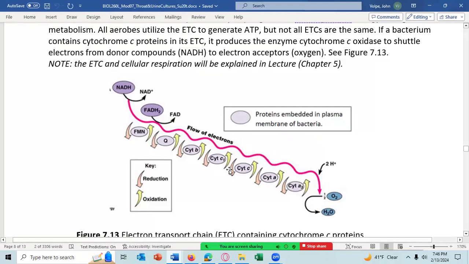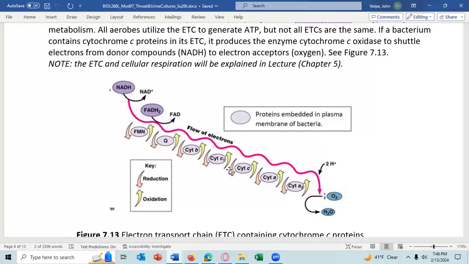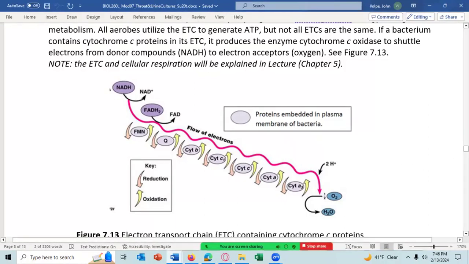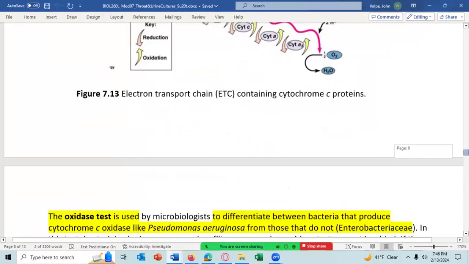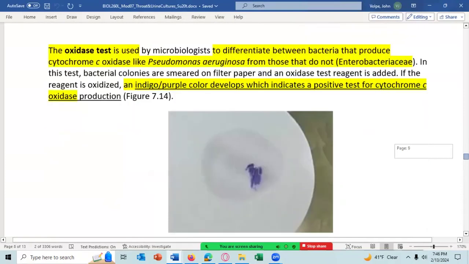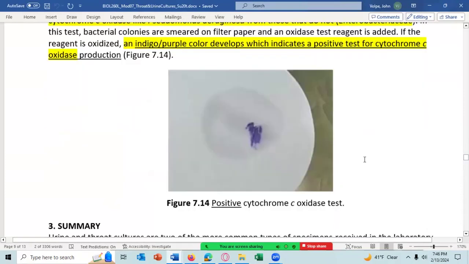So if the organism can perform aerobic respiration, it'll have cytochrome oxidase C, which gives rise to the oxidase test. And Pseudomonaceae has oxidase, and it will show up purple or a blue color in the oxidase test.